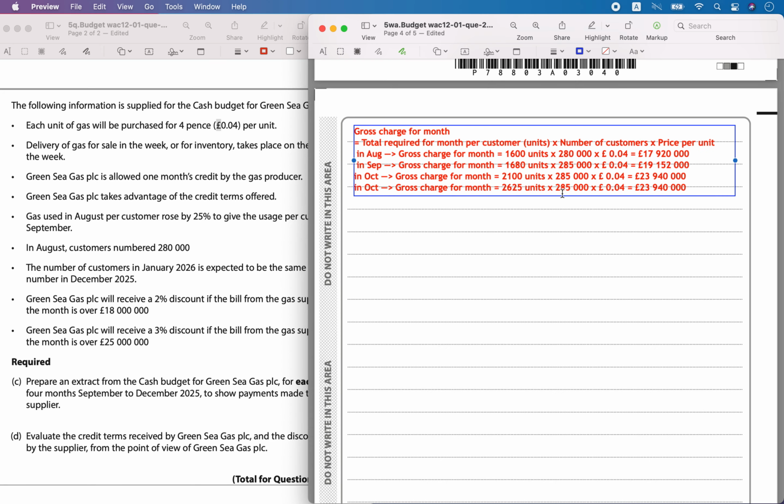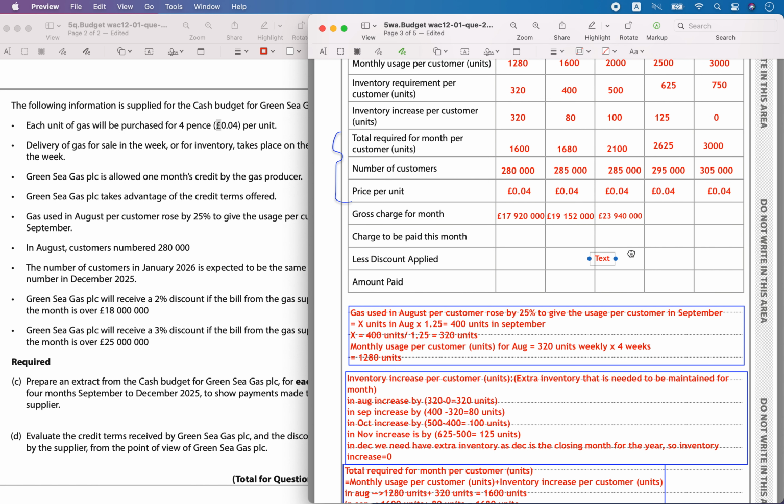So that is going to be equal to 39,75,000. So this was a gross charge that was paid by the business to the producer for purchase.